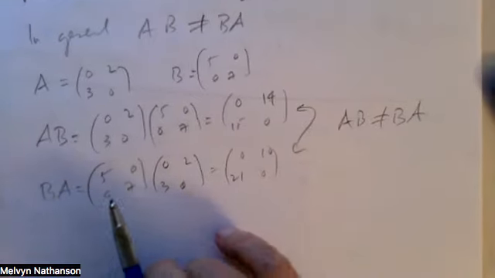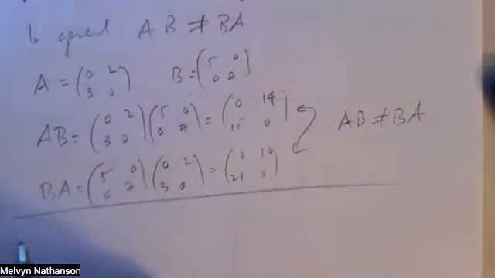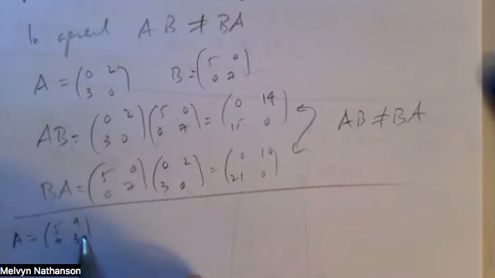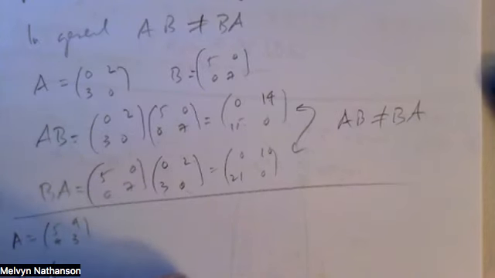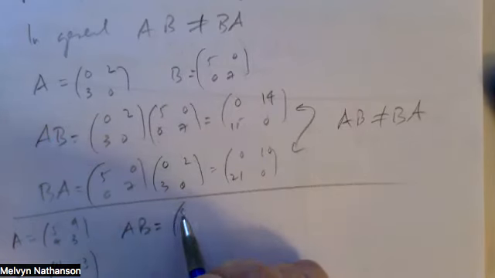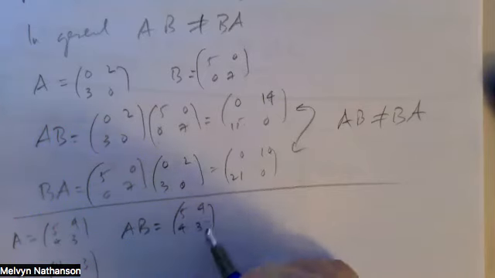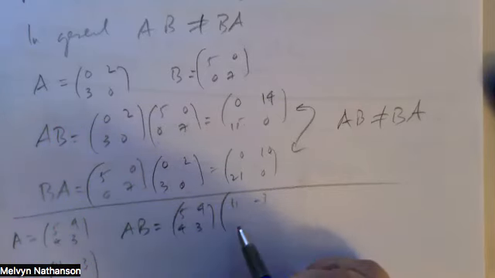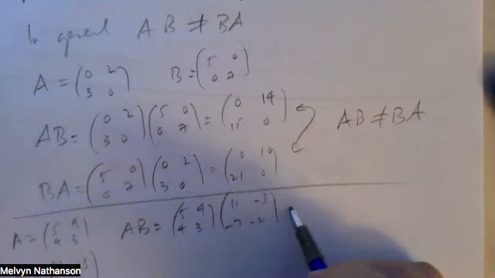Let's take two other matrices. Suppose I take A to be 5, 4, 4, 3, and B to be 11, minus 3, minus 7, minus 2. So let's look at the products. A times B, 5, 4, 4, 3 times 11, minus 3, minus 7, minus 2.